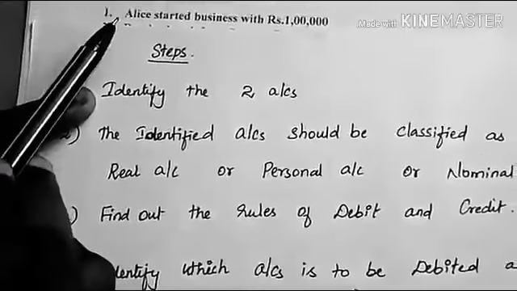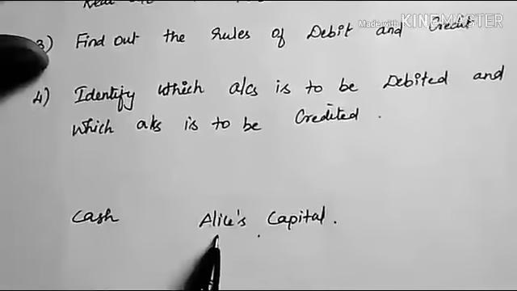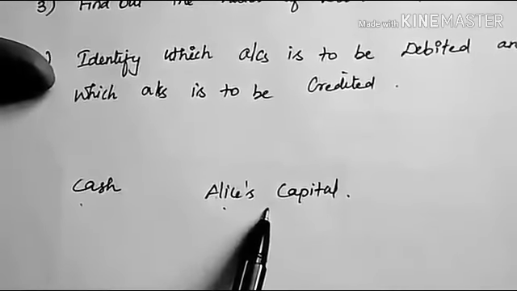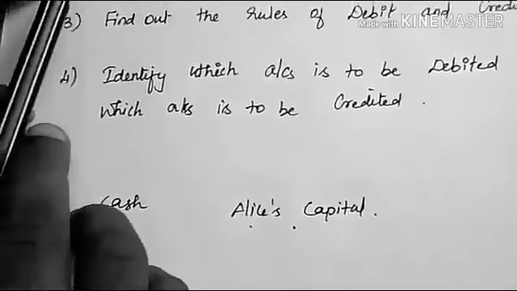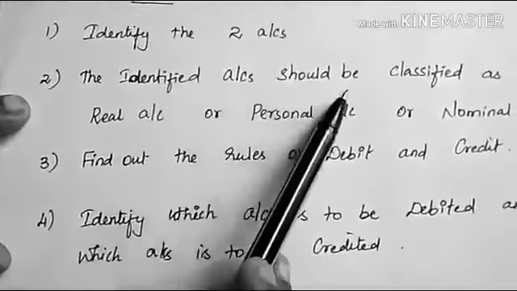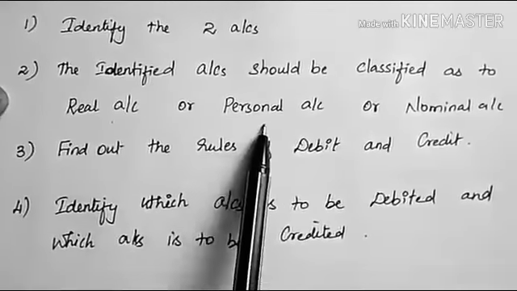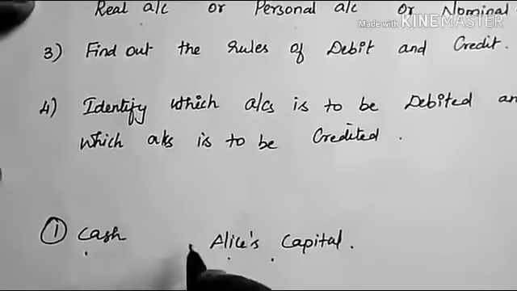In this transaction, 2 accounts are involved: one is Alice capital and the other is cash. Alice invested the amount as capital in the form of cash. Now, the second step is that the identified accounts should be classified as real account, personal account or nominal account.